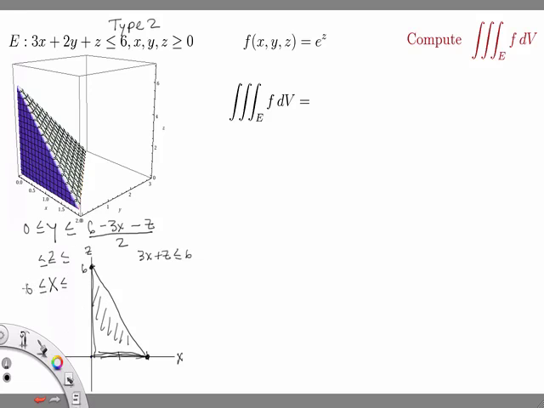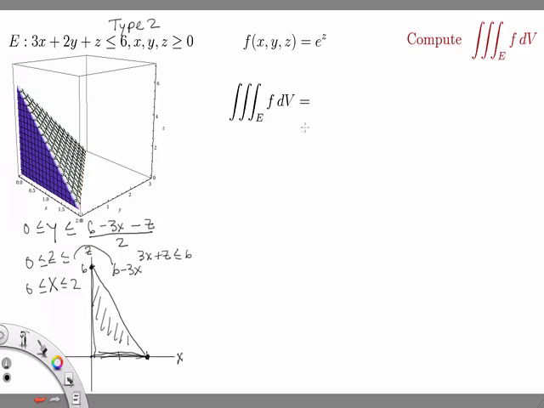So I see I have x bounds from 0 to 2, and z bounds from 0 to, then I solve for z here, and I get 6 minus 3x. Okay, so now I've written my region E in terms of my coordinate y being bounded by two functions of x and z, my coordinate z bounded below and above by functions of x, and my coordinate x bounded above and below by constants.